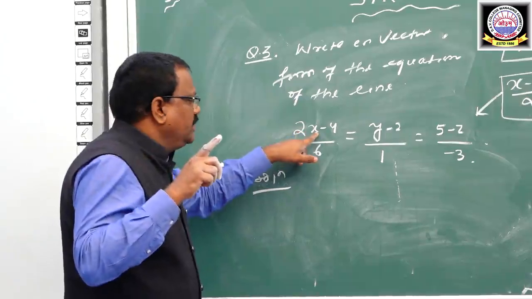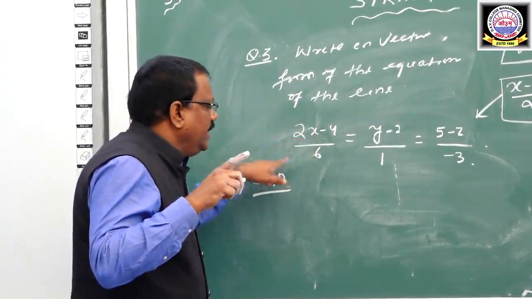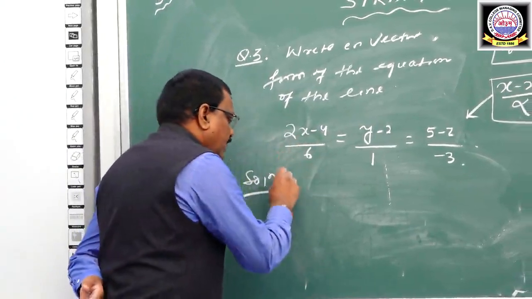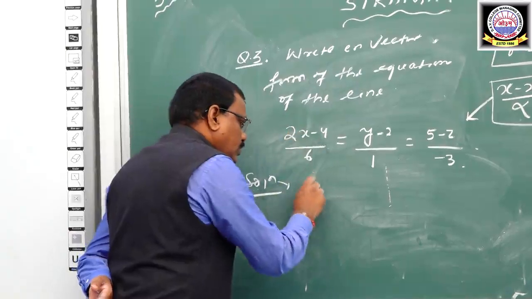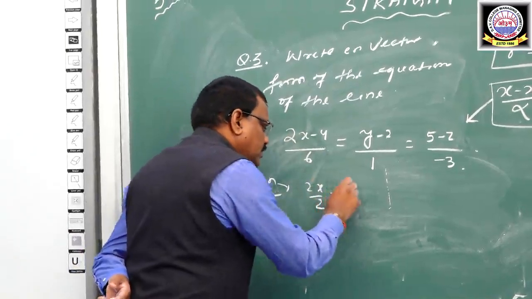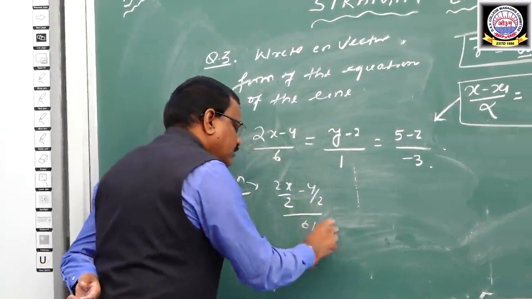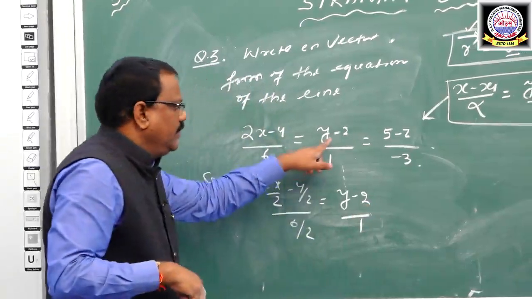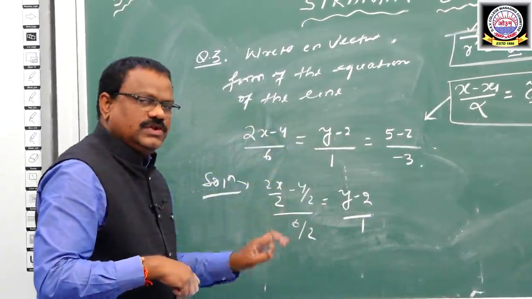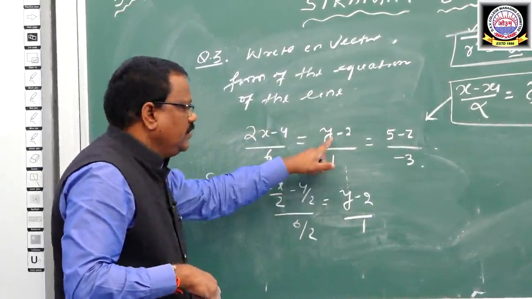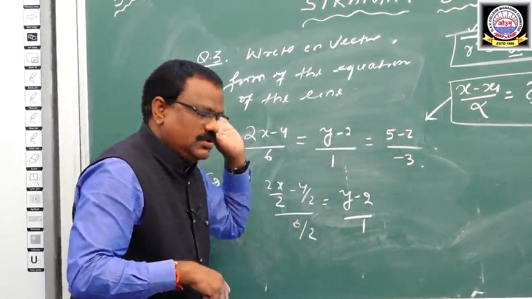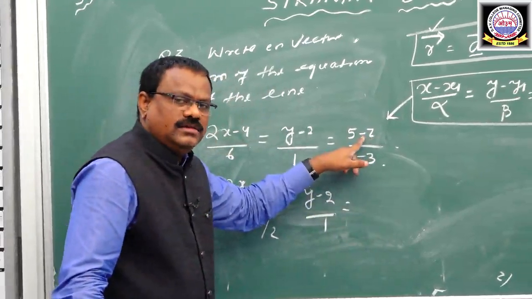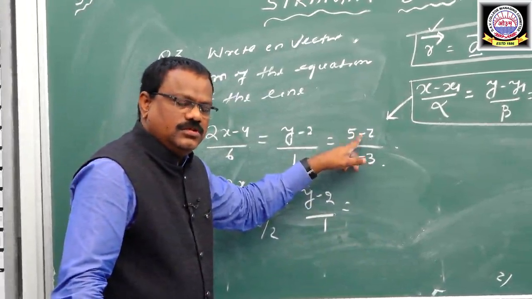So to make the coefficient of x equal to 1, we have to divide everywhere by 2. So 2x by 2 minus 4 by 2, 6 by 2. Again y minus 2 by 1 is in the standard form because the coefficient of y is equal to 1. Always you will see the coefficient of x is 1, coefficient of y is 1, coefficient of z is 1. But the third one, you see, the coefficient of z is minus 1. It is not allowed. Coefficient of z will be exclusively 1.